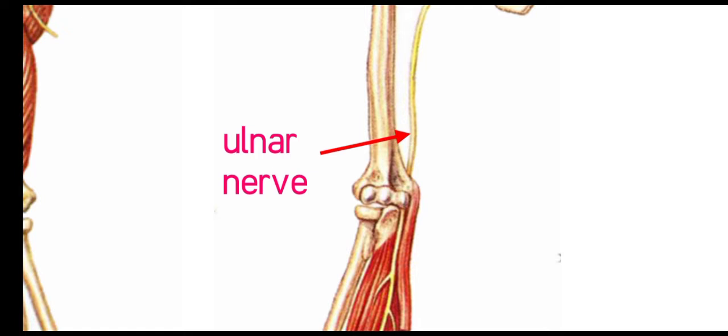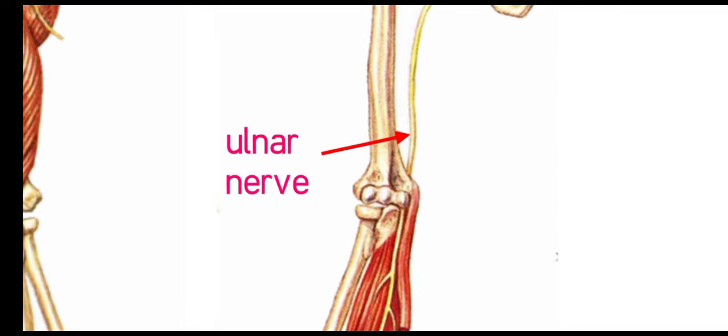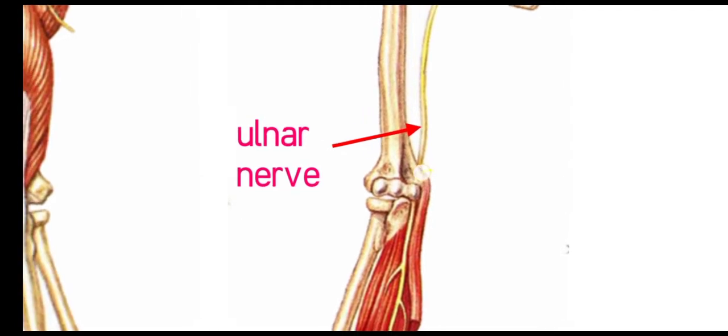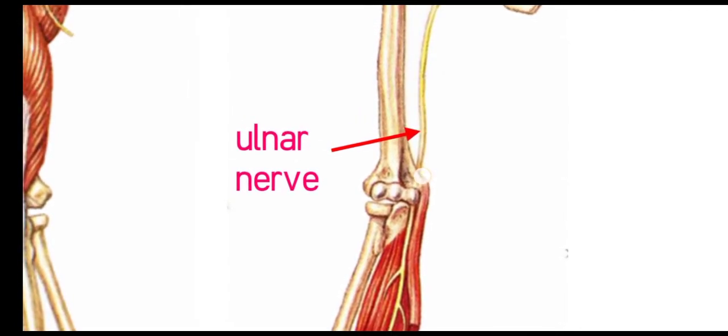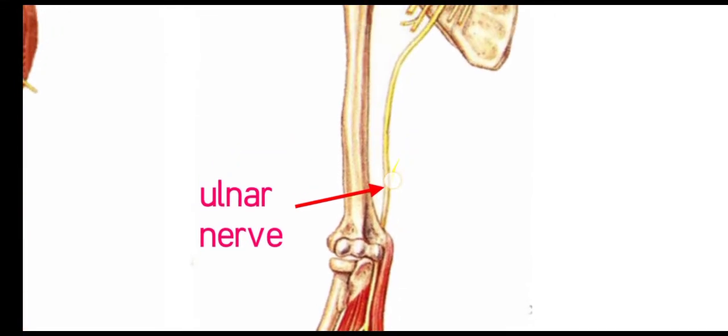If a patient falls, especially a child falls with outstretched hands, the ulnar nerve may get damaged due to supracondylar fracture. So wherever we are discussing supracondylar fracture, the most probable structure that is affected is the ulnar nerve.